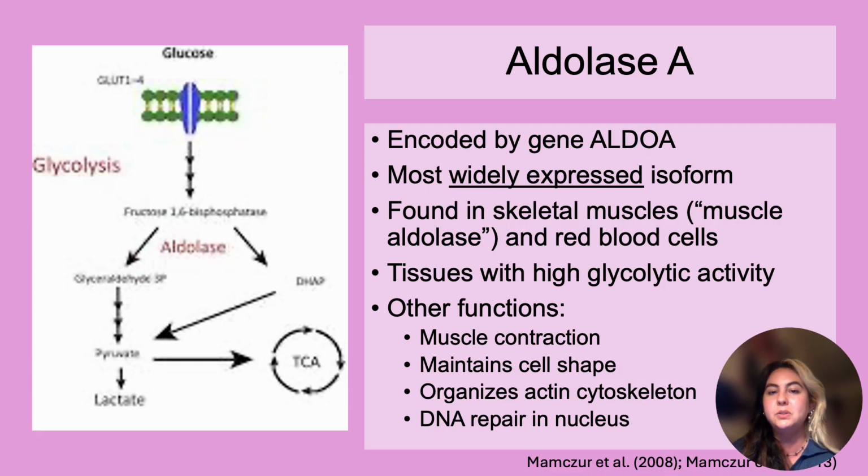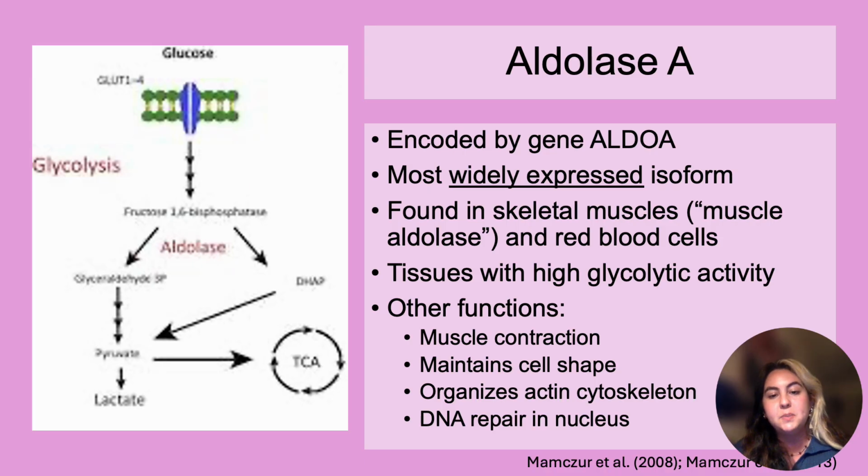Because skeletal muscle is frequently experiencing rapid fluctuations of energy demand based on your activity level, aldolase A is going to be abundant in these tissues. These are tissues that, as we mentioned, see high glycolytic activity, because aldolase A is able to support rapid ATP production in those tissues.